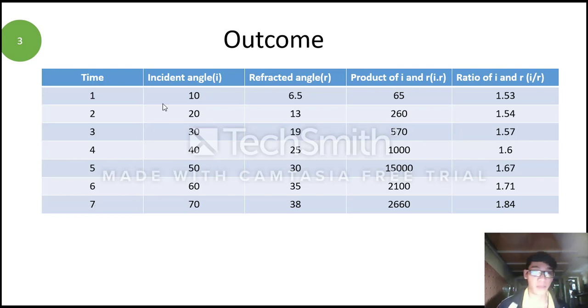Seven times. This is the value of the incident angle, and this is the value of the refracted angle, and we got the product and the ratio. The product of I and R, wow, it's crazy. The ratio of I to R maybe increases.